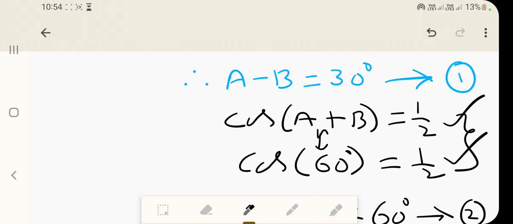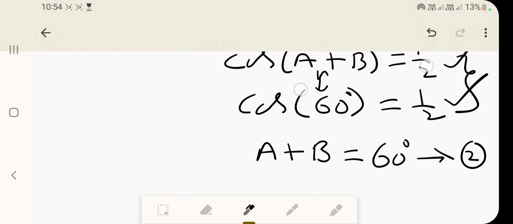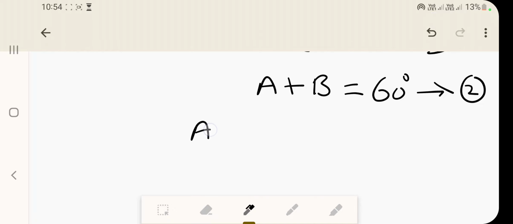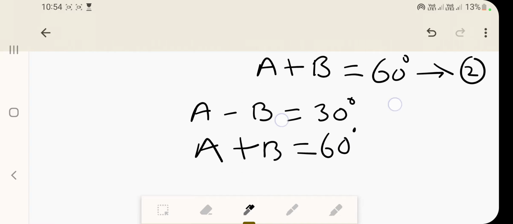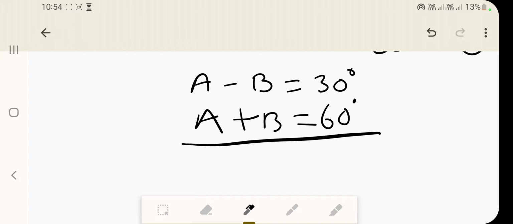Now what we have to do: two unknowns here, A and B, and we have two equations. So if you solve these two equations, we get the values of A and B. A minus B, as equation 1, is 30 degrees. A plus B is equal to 60 degrees. Now I think most of you remember that we just add, because minus B plus B will get cancelled.